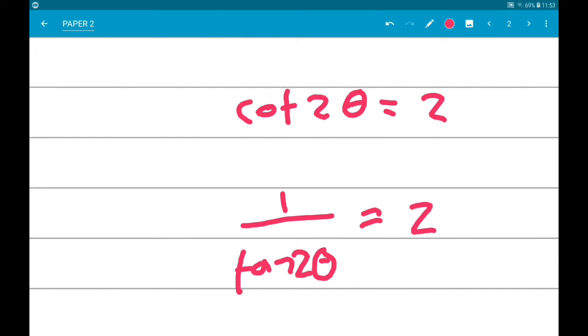Now, from that we can get tan 2 theta is 1/2.